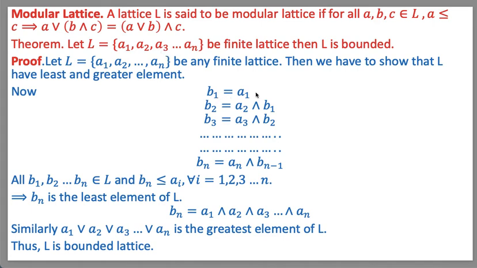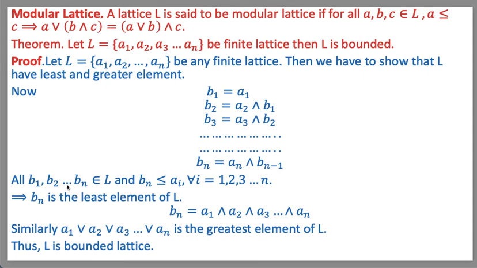Suppose B1 is equal to A1, and therefore B2 is equal to A2 meet B1, B3 is equal to A3 meet B2, and Bn is equal to An meet Bn minus 1.